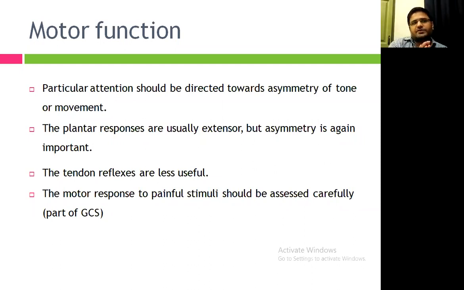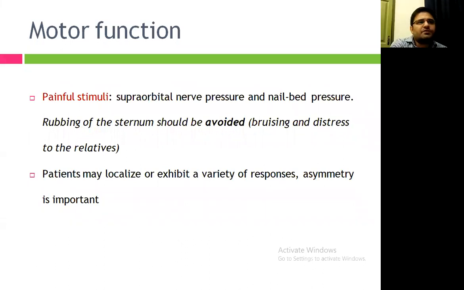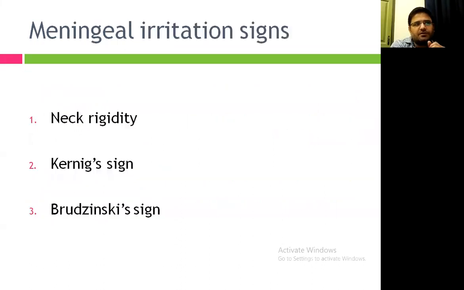But if a patient comes to you within 24 hours, then due to spinal shock, reflexes are normal or even reduced. Motor response to painful stimuli should be assessed carefully as part of GCS. So motor function includes symmetry of tone, power, reflexes, as well as coordination of movement. With painful stimuli, patients usually localize or exhibit a variety of responses, and asymmetry is again important to localize the lesion in the brain.